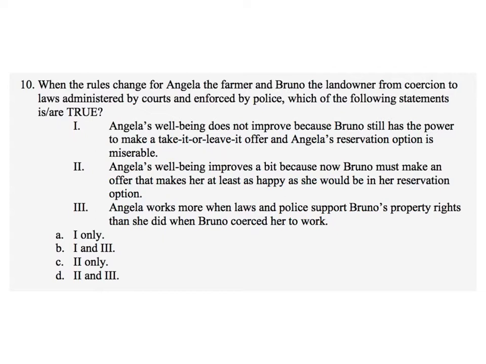Remember, does her well-being stay the same? Does it improve? Does she work more or less? Statement 3 says she works more. So let's look at the graph. For statement 1, well-being does not improve. And remember, we're talking about improvement relative to the coercion outcome.